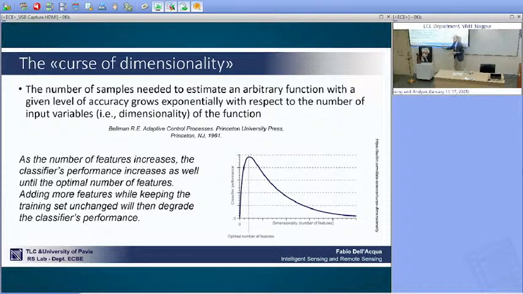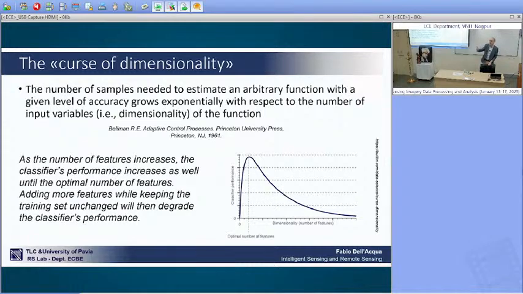Multispectral remote sensing operates in this range. Hyperspectral remote sensing almost always operates in this range. So paradoxically, if you were to remove bands, so to go back to multispectral remote sensing, you would improve your performance, which is strange. So why should I care?